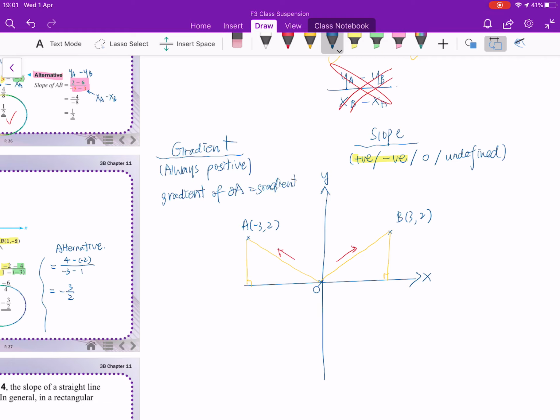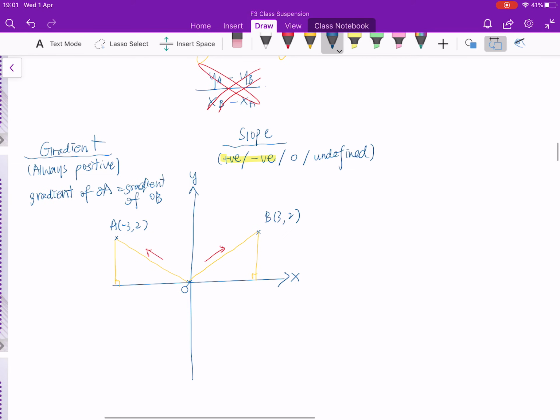You can treat it as the steepness of OA and OB are the same, but you can try to calculate the slope of both of them. Slope of OA, let me use O minus A, so it should be (2 minus 0) over (0 minus -3), so it should be -2/3.